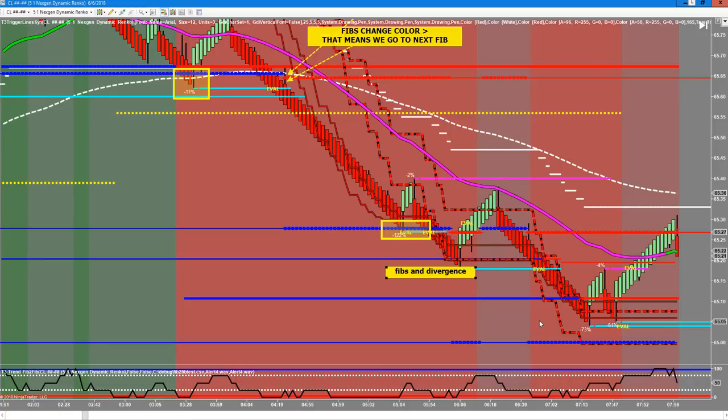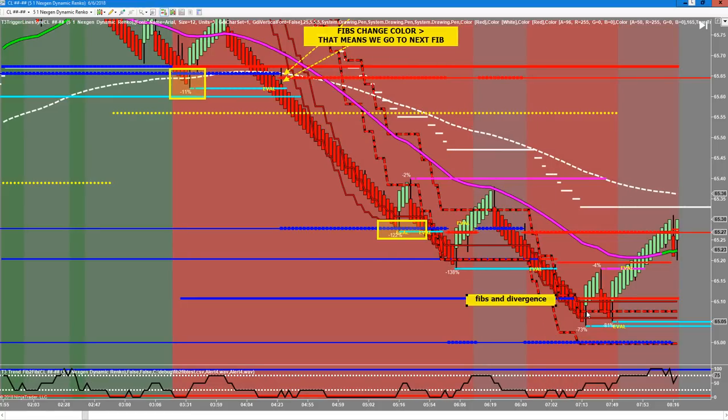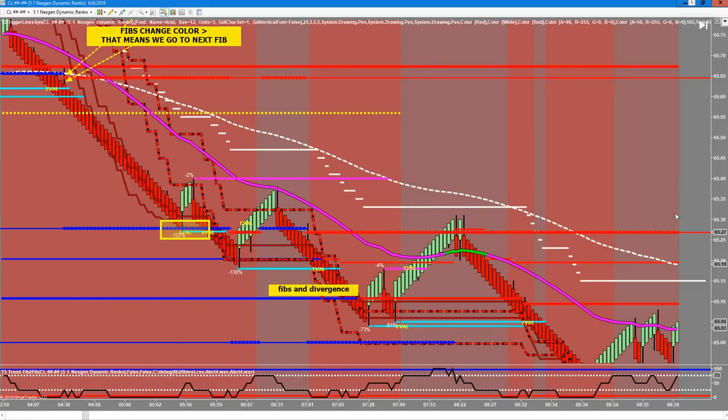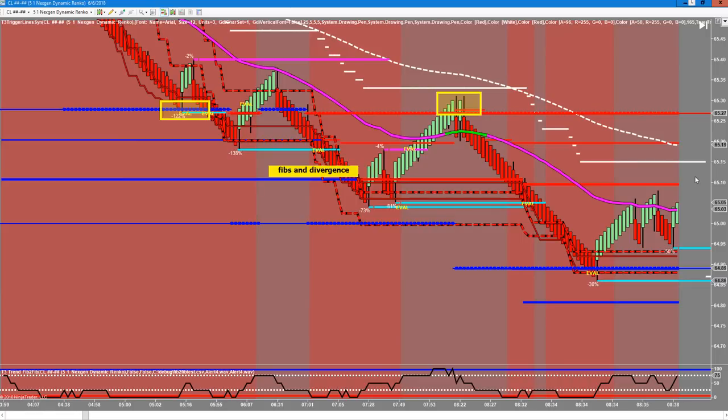Now, when fibs and divergence break and the colors change, maybe we'll take one more opportunity for a short trade, especially in a strong trending market. So when you start to recognize strong trending markets, you'll see where some trades are. But fibs and divergence, they break, which I think is pretty easy to see.